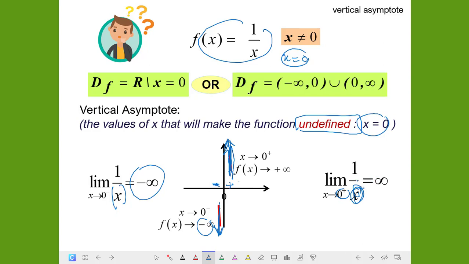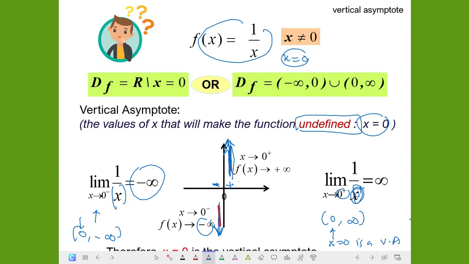In coordinates, x is 0, y is negative infinity: one value, one infinity sign. So we can conclude that x equals 0 is a vertical asymptote.